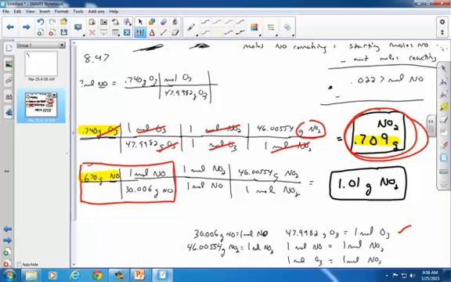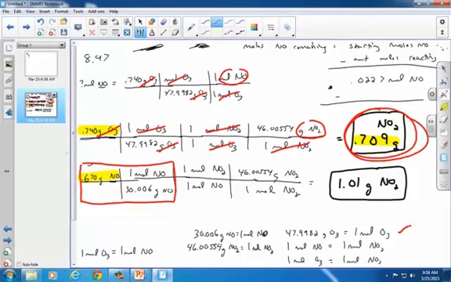So this is a 1 to 1 mole relationship between moles of ozone and moles of the other substance. You can find the relationship between any two substances in a balanced reaction by looking at their coefficients in the balanced reaction. So these happen to be 1 to 1, so 1 mole of ozone needs 1 mole of NO to react with it. So now I've got these canceled.